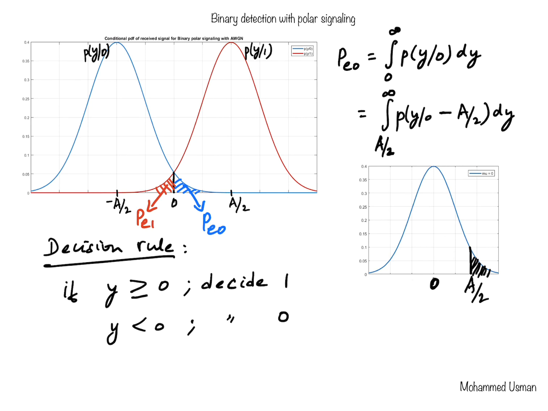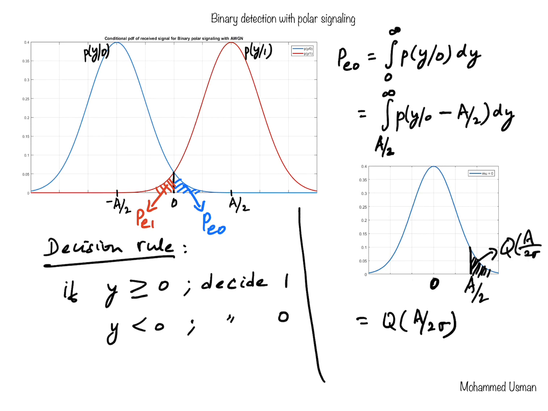So that becomes equal to Q of a by 2 sigma. So it is Q of V by sigma. The V here is a by 2, so we get Q of a by 2 sigma because that's the area under the Gaussian tail, right?